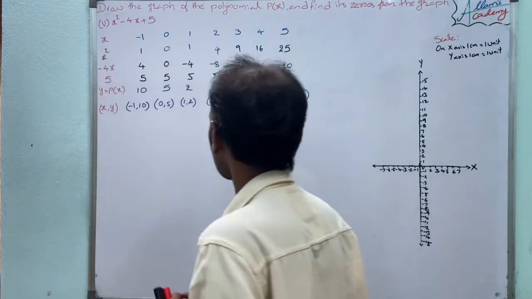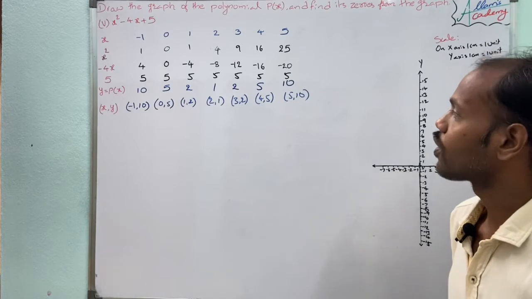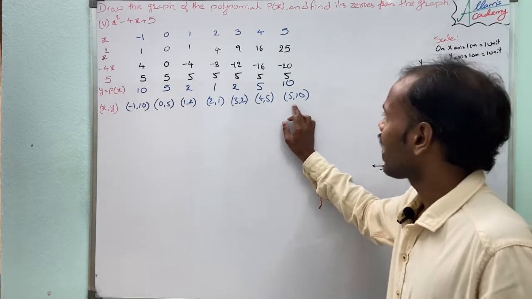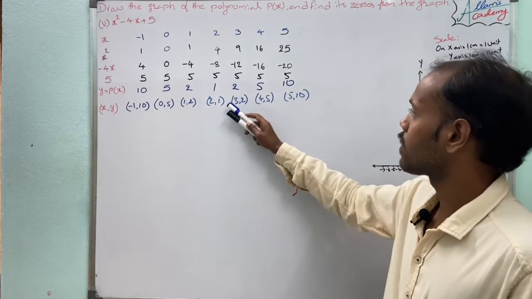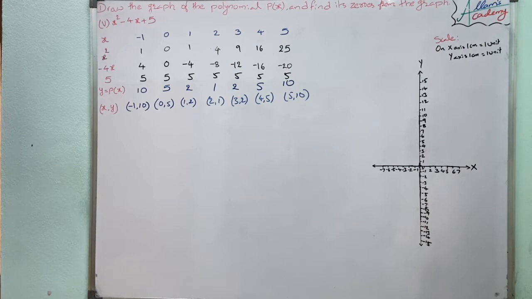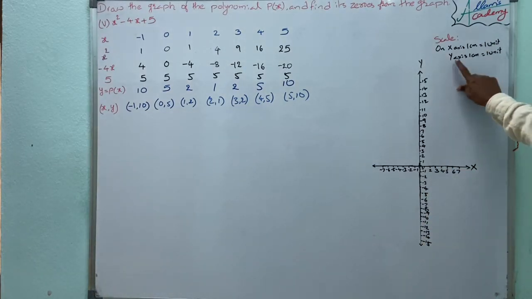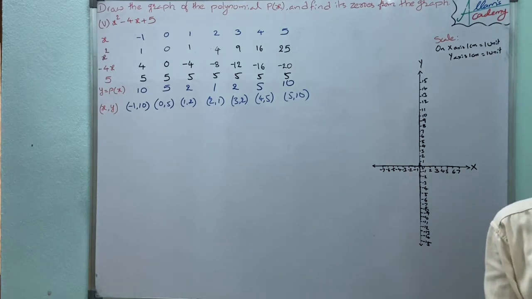These are the corresponding values of x and y. Now we locate these on the graph. First, the scale: we observe all are normal numbers only, so no very large numbers came. So we take on the x-axis 1 centimeter equal to 1 unit, and on the y-axis 1 centimeter equal to 1 unit.